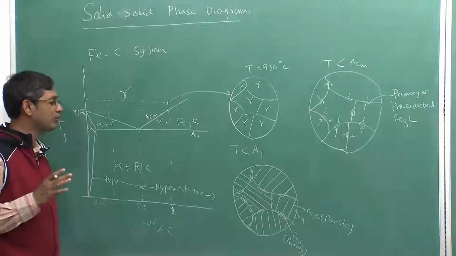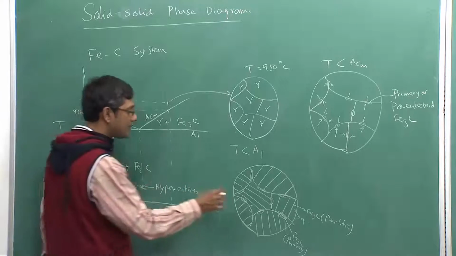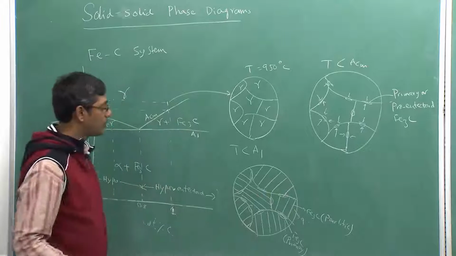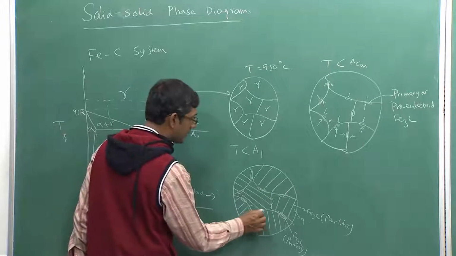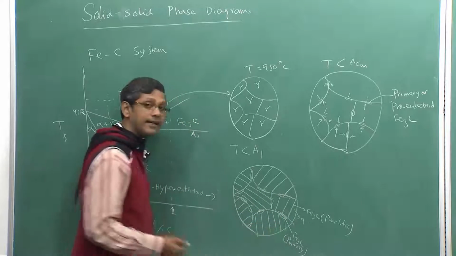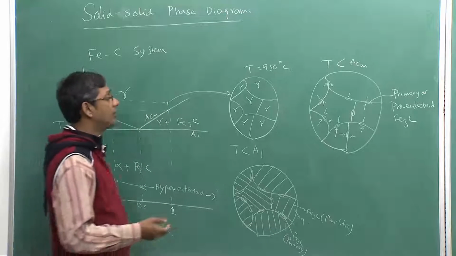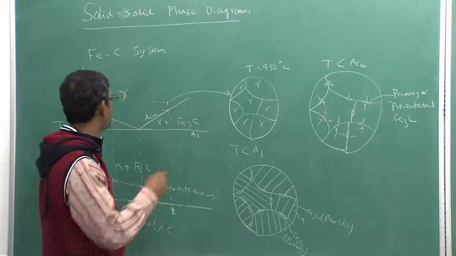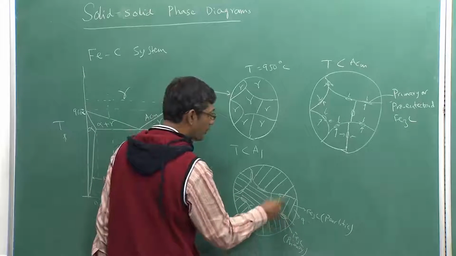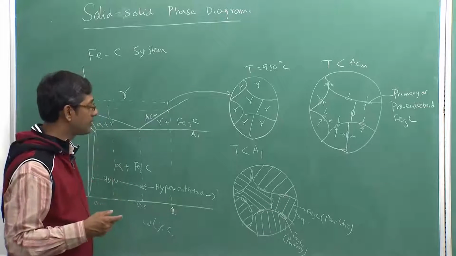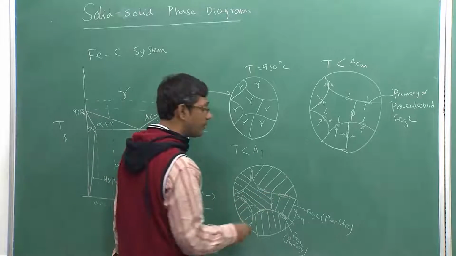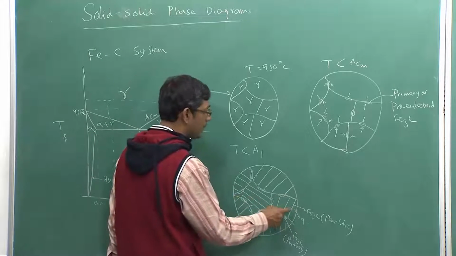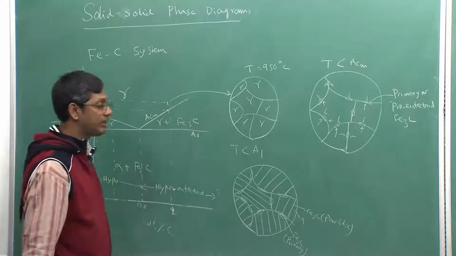So, you must know the difference between these. This has formed by a different mechanism than this one. The cementite marked as primary forms by nucleation and growth on the grain boundaries of gamma at a temperature above A1, but this forms by the eutectoid transformation. Again, nucleation and growth is involved, but the eutectoid transformation is cooperative, from gamma forming both cementite and alpha.